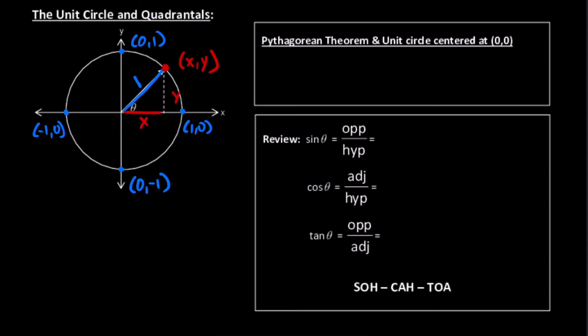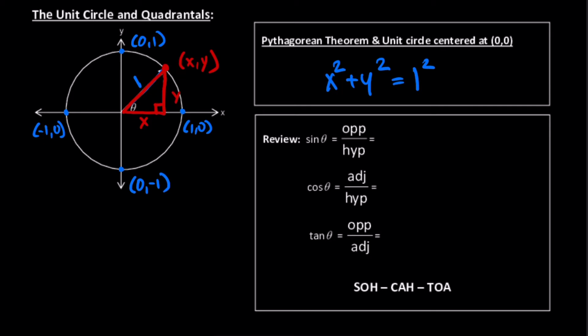So now take a look at this. It's obviously a right triangle. And your Pythagorean theorem, you know, is a squared plus b squared equals c squared, or more importantly, leg squared plus leg squared equals hypotenuse squared. One leg is x, one leg is y, my hypotenuse is 1. So using my Pythagorean theorem, I get x squared plus y squared equals 1 squared.